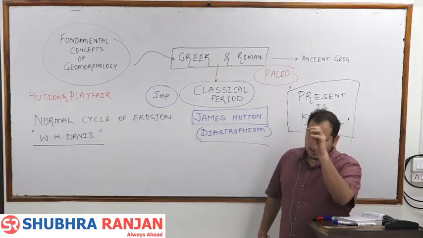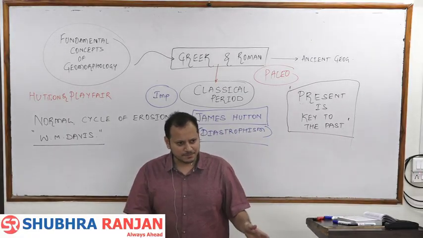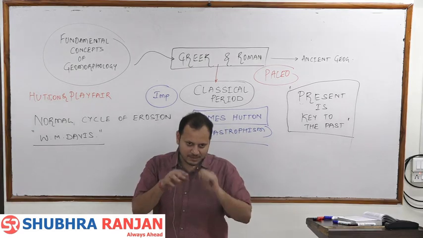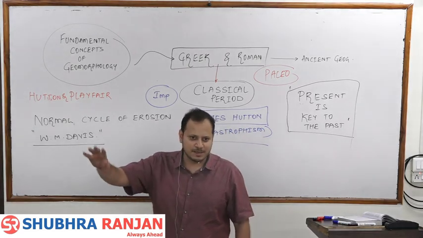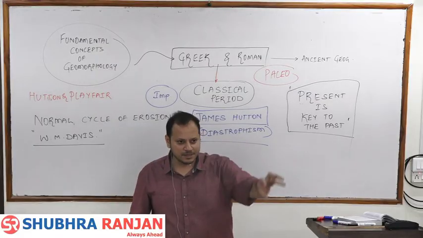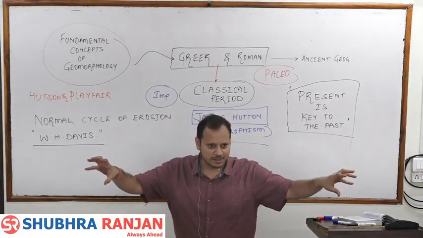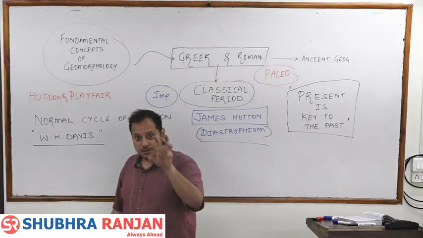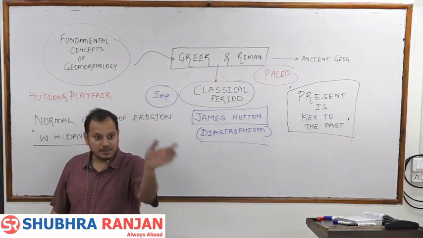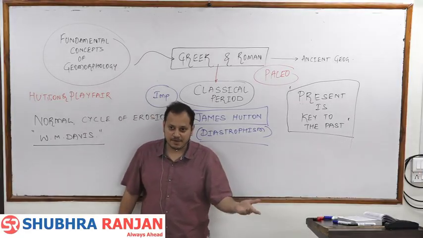Understand now. This was the year 1797 when Hutton came. After Hutton gave this concept, numerous geographers came and geography as a science started developing in Germany and in North America, meaning in Europe and in North America. In Europe, geography as a science started developing in Germany, with the development of Penck.